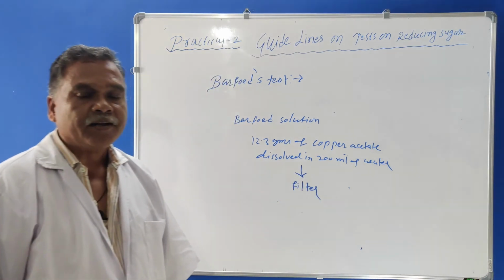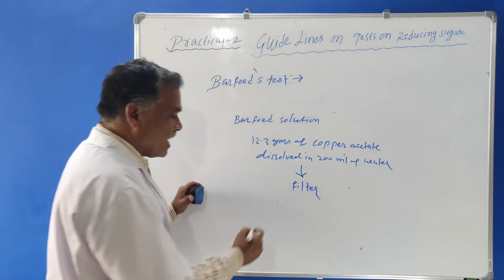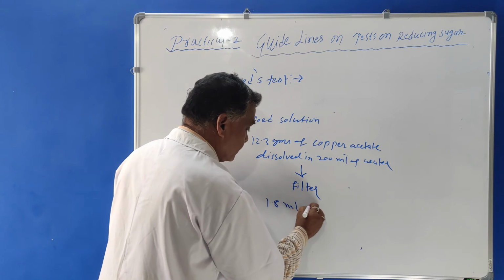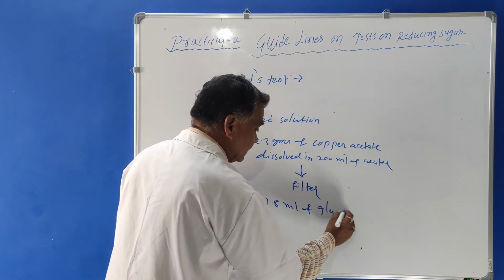And after filtering, we have to add 1.8 ml of glacial acetic acid.